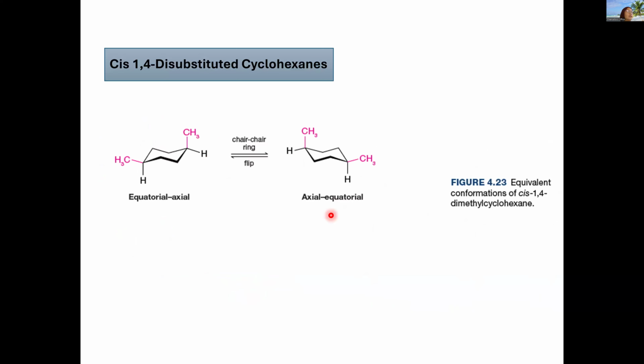If you write by the chair, you have to remember the orientation: it goes up, down, up, down, up, down.